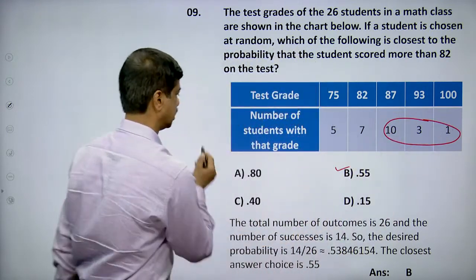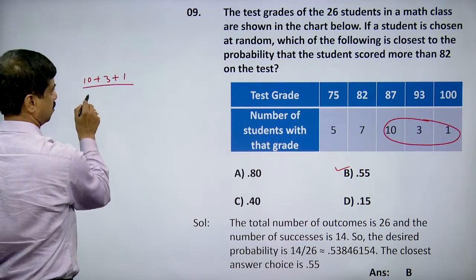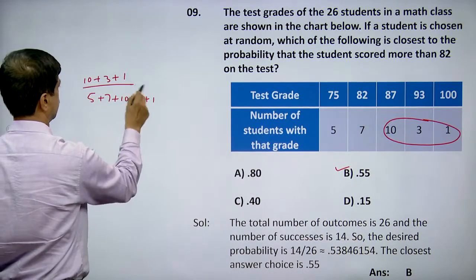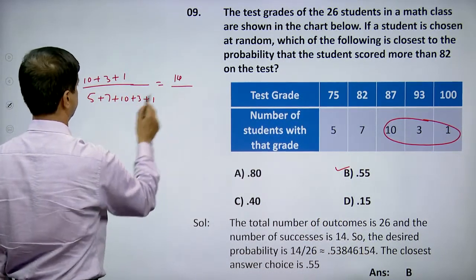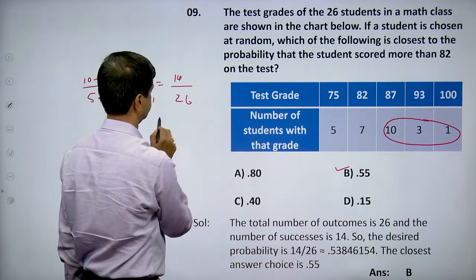So the answer is the sum of these three by the total, children. That is 10 plus 3 plus 1 by 5 plus 7 plus 10 plus 3 plus 1, which is 14 by 26. Right?